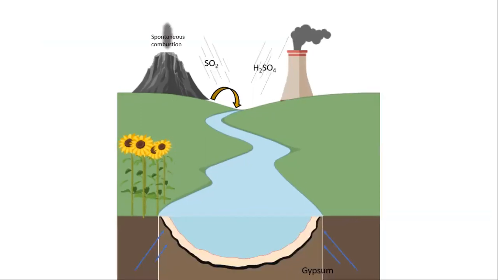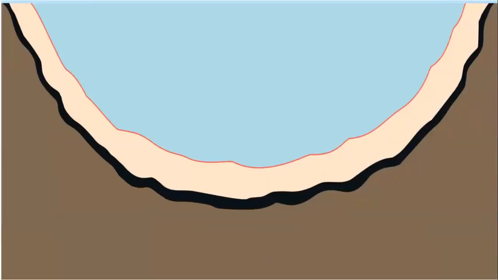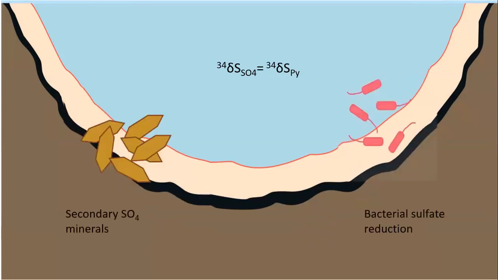To make it very simple, in the ideal case, the sulfur isotope composition of the dissolved sulfate should be closely identical to that of its main source, in this case, the pyrite. But different physicochemical and microbiological processes can override the original isotopic composition because those have the potential to fractionate the heavier and lighter isotopes from each other.